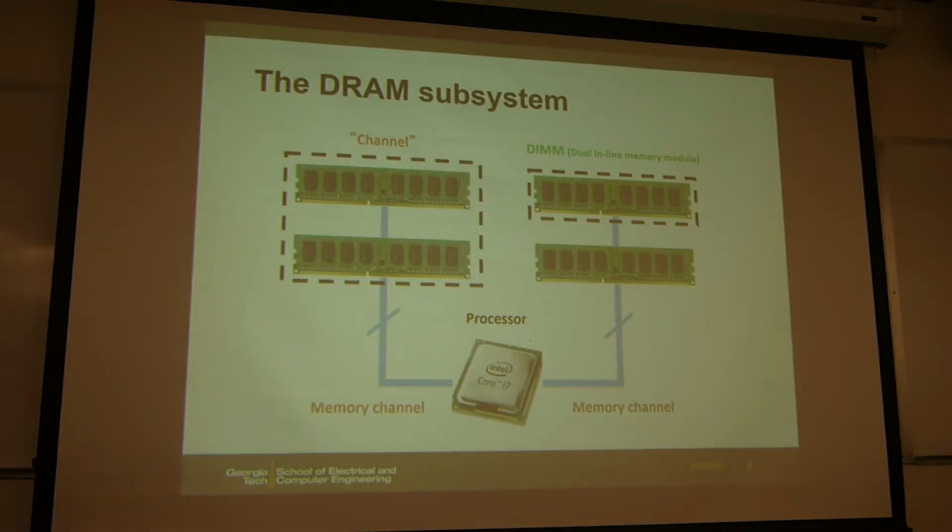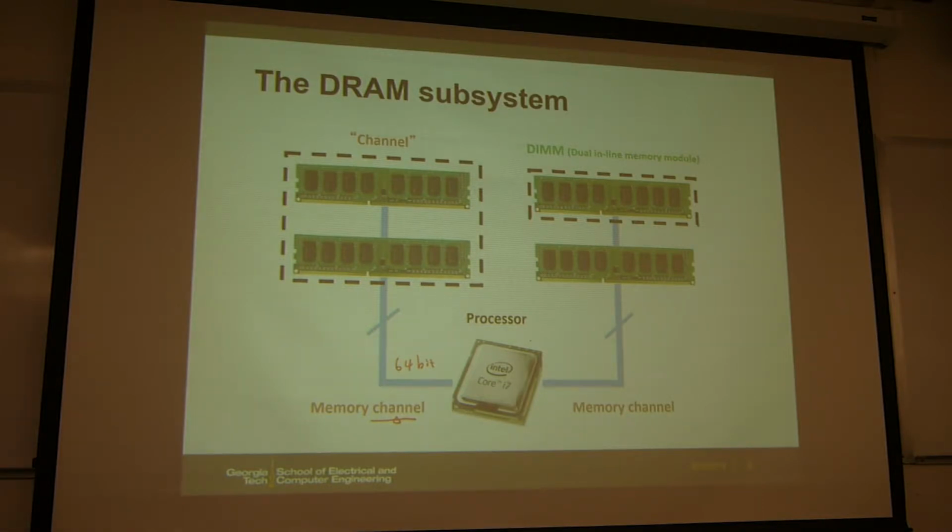So here, the DRAM subsystem. We have this data bus to the processor on your motherboard, and this is called the channel. This channel can have different widths, for example, the typical 64 bits. Of course, these days you have wider channels than this, but let's assume a standard 64 bits.